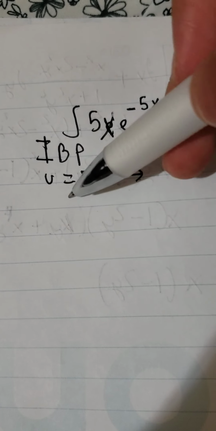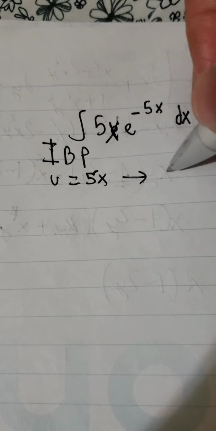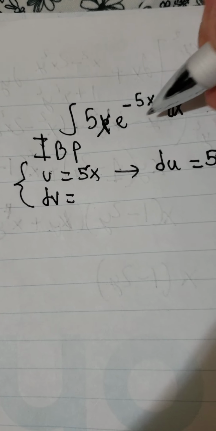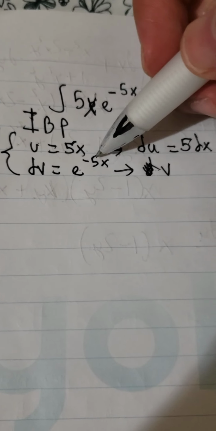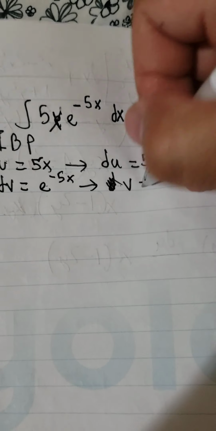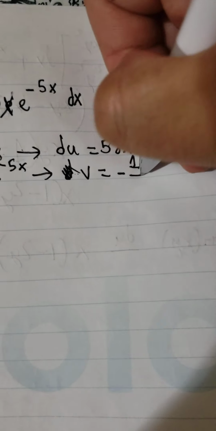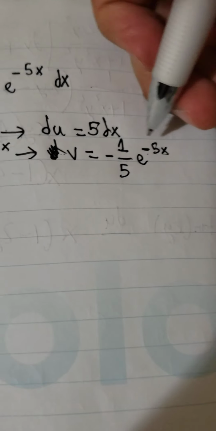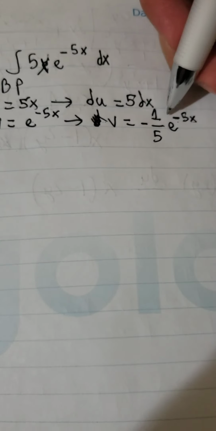Later we need to take the first derivative on both sides. dv is e to the power of negative 5s. The integration of this one in here is negative 1 over 5 e to the power of negative 5s. This is for v.